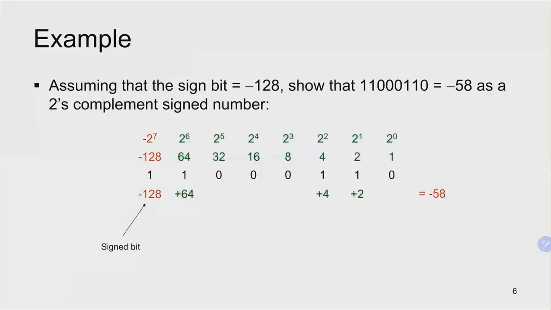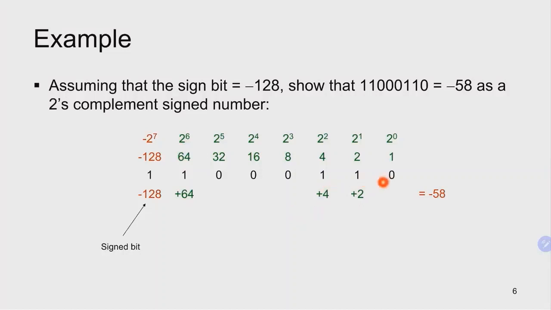Taking our example just now, the minus 58 number, which is a two's complement signed number. The 8th bit is 1, so we assign that bit the value of minus 128. Then for all the bits that are 1, we assign their corresponding binary value. For example, bit 7 is 2 to the 6, which has a value of 64, so we assign a positive 64.